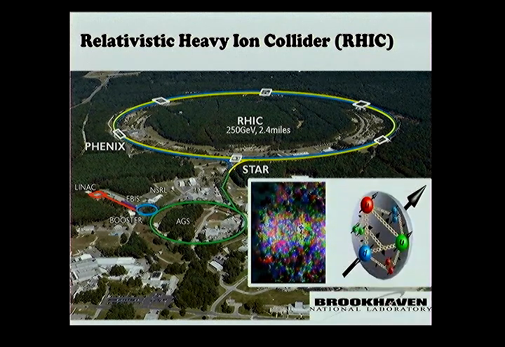By colliding polarized protons, we are going to solve the mystery of the proton spin crisis. As you know, the proton is made of 3 quarks. However, experiments from other laboratories and from RHIC show the quarks only contribute about 20% of the proton spin.